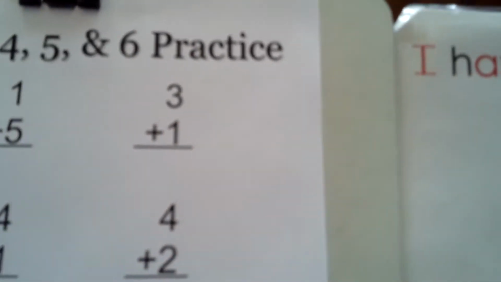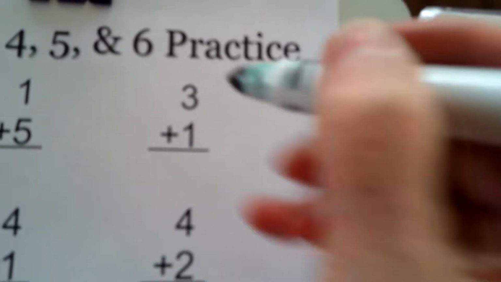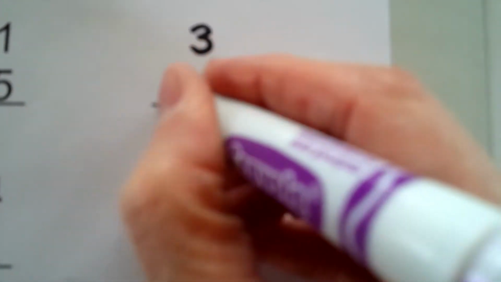Fix some things here. My cord. Okay. So I'm looking at this first one. 3 plus 1. Going back to tracing again. 3 plus 1. Remember this one, the purple is like the equal sign. Now I'm going to move my pennies over here.